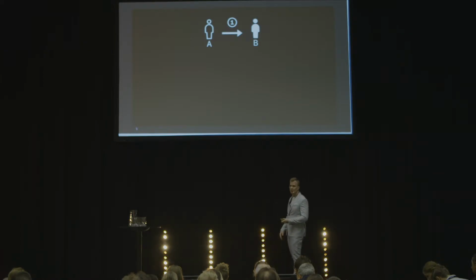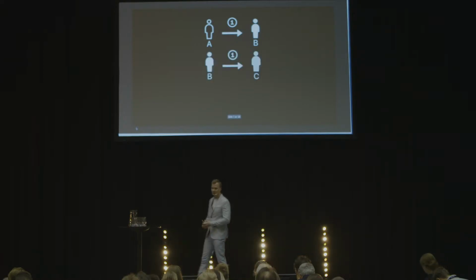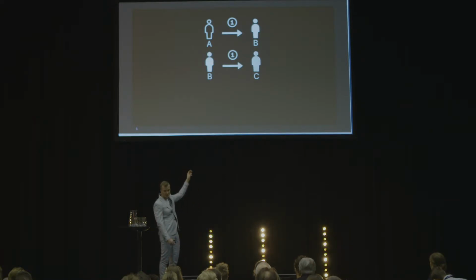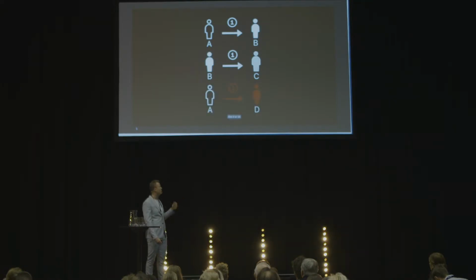And if we can agree that Alice can send a coin to Bob, we can also agree that in the next transaction, Bob has the right to send this coin to Charlie. If we can agree on these specific conditions, we could also agree that since Alice has already spent the coin and sent it to Bob, she does not have the right to send the same coin to Dave in a later transaction.